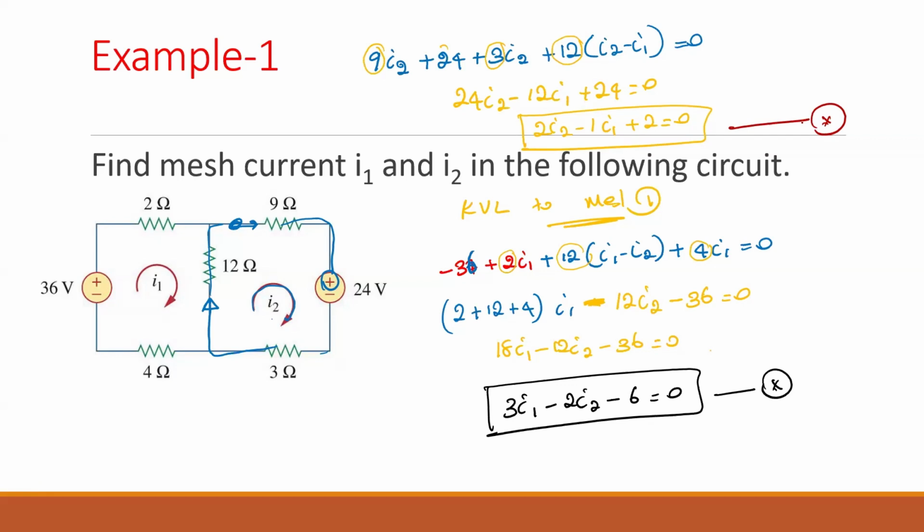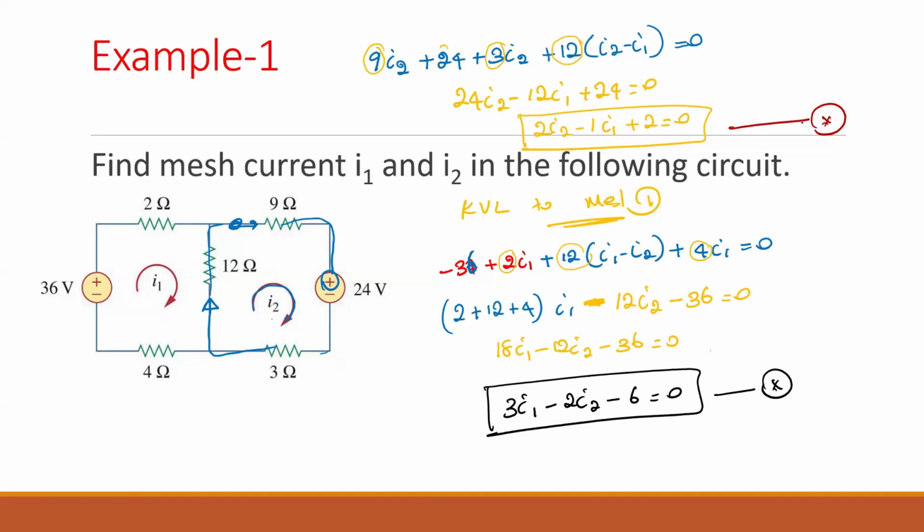But from your maths knowledge, when you have two simultaneous equations, you can solve them and find I1 and I2. I hope you guys are okay with those. Because in the tutorial questions, we need to do that. They're asking us to find I1, I2 like that. But in the exams, I will ask only for you to get the equations, because the rest of the things are maths, and this is what you need to know from the electrical.